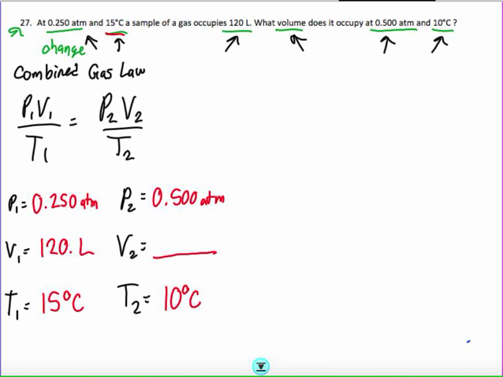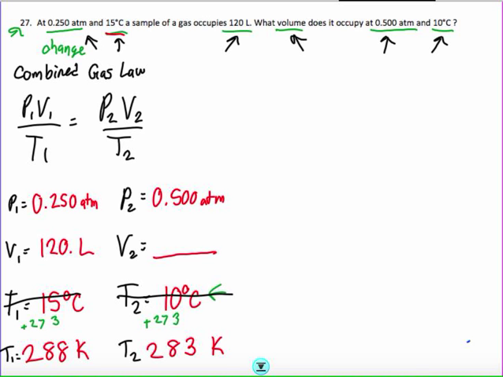The only conversion we have to do here is to convert the temperature into Kelvin. So we're going to add 273 to both of these, and we get 288 Kelvin and 283 Kelvin. So those are the values of T1 and T2 that we're going to use. Now we just have to plug things in.